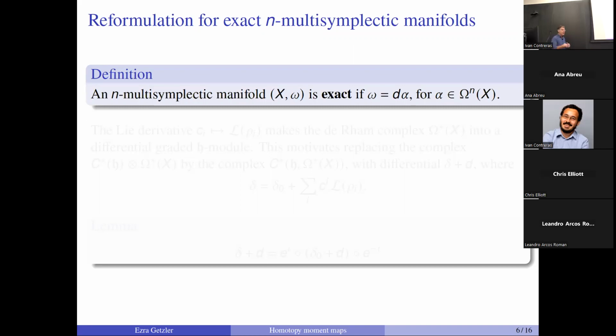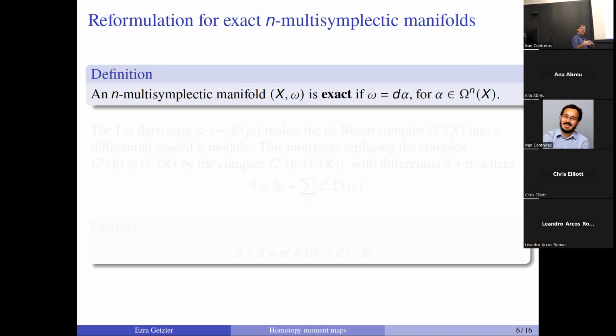So I'm going to rewrite the formula for exact multisymplectic manifolds. I'm going to assume for now that my multisymplectic form is exact. Well, that's certainly true locally. And if you know the situation, you'll know that in the usual case of symplectic forms, gluing together those local choices is exactly the construction of a line bundle with connection.